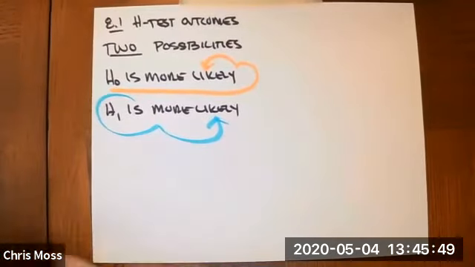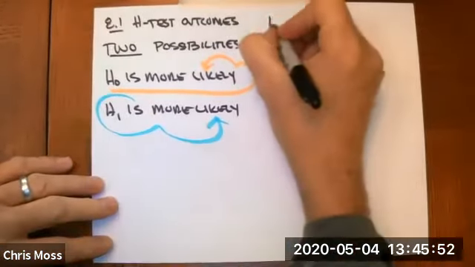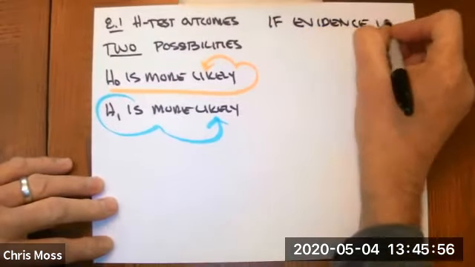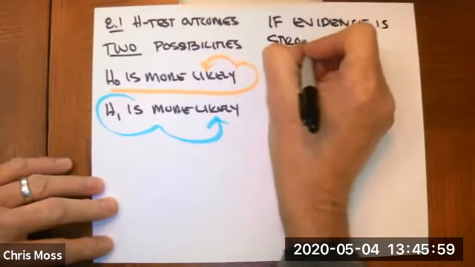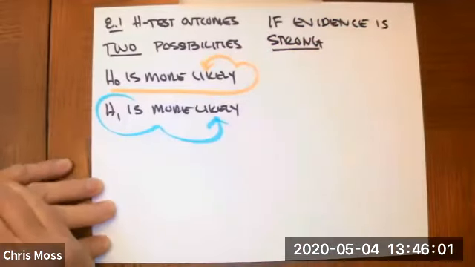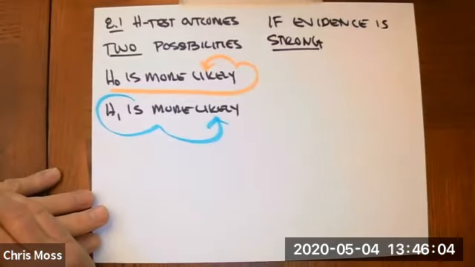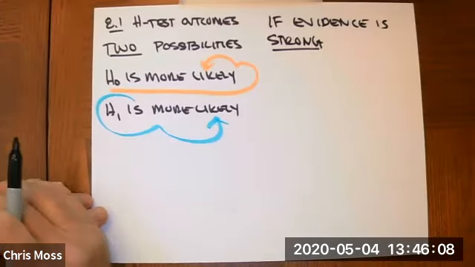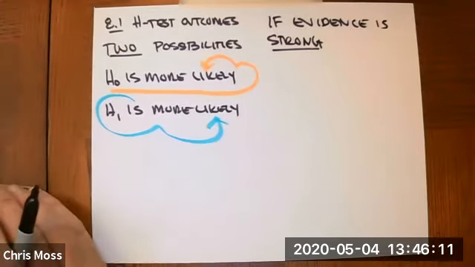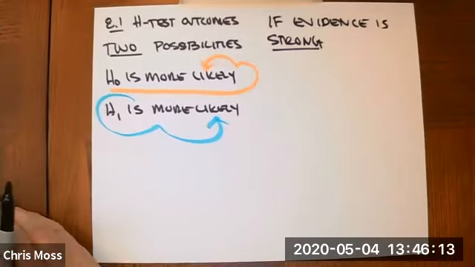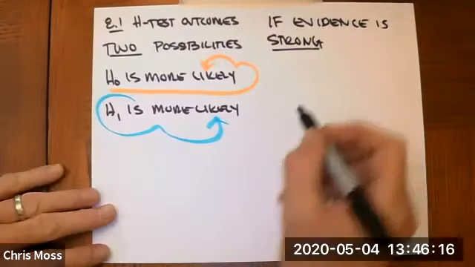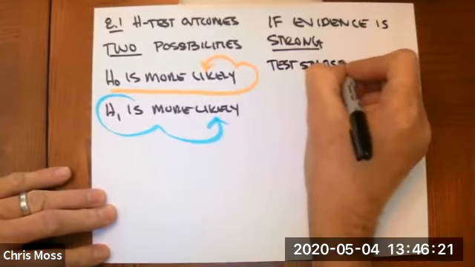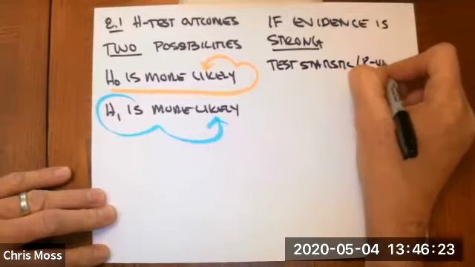Now, I will point out that if our evidence is strong, and really we do have a particular perspective here. We're very much like the prosecutor in a criminal court case. The desire, if we are a scientist, is to dismiss the null hypothesis and to go with the alternative. So if the evidence is strong, that would be the test statistic and subsequent p-value.